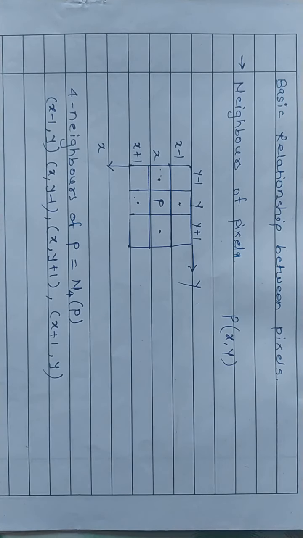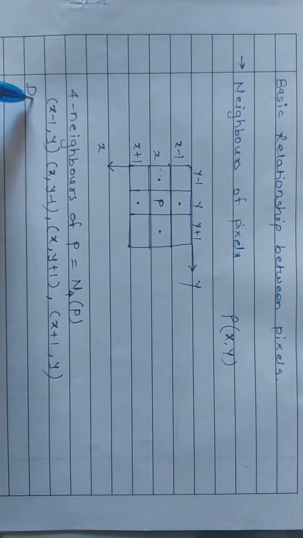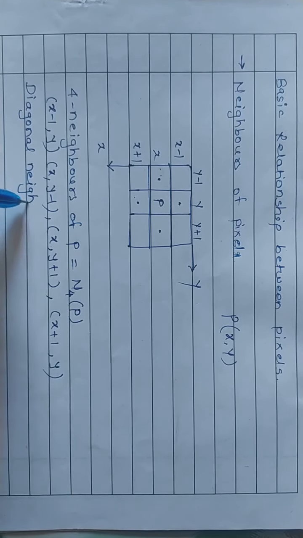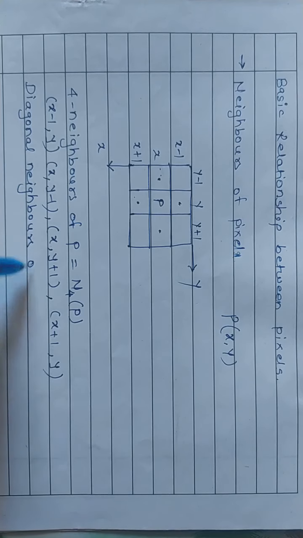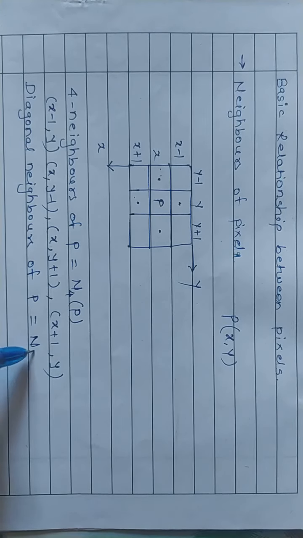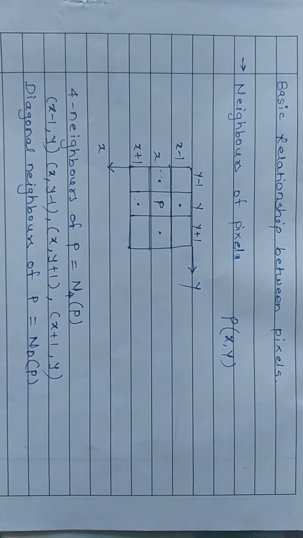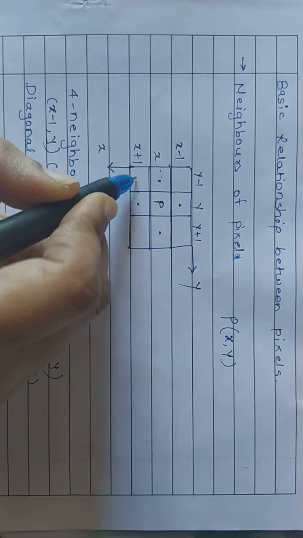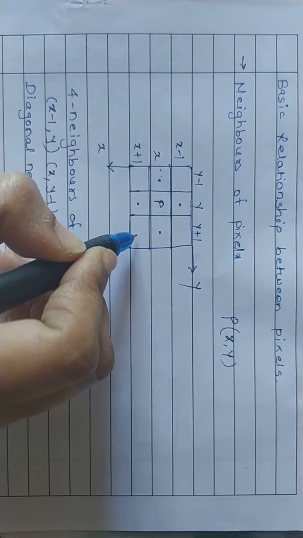Now the second type of neighbors are called diagonal neighbors of pixel P, and they are represented as N sub D of P. These diagonal neighbors are present in a diagonal direction, meaning in a direction like this.